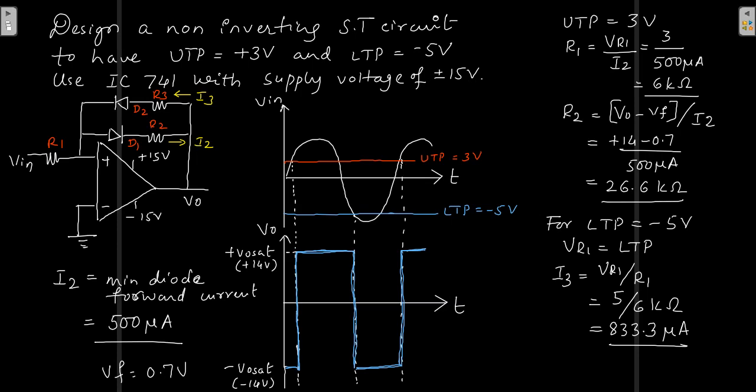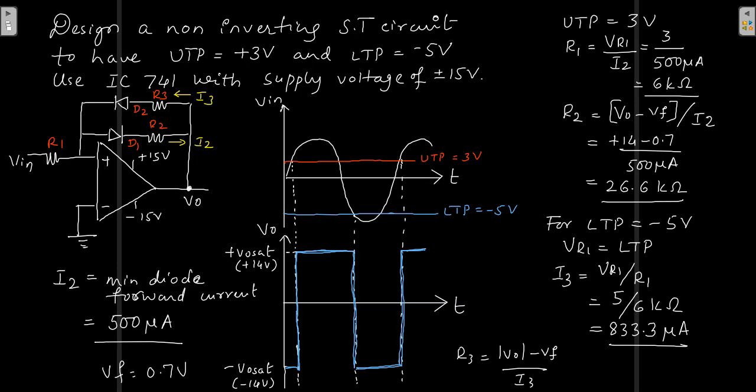So now from this you can easily calculate the value of R3. Look at the diagram. R3 is nothing but V naught minus VF, the voltage drop across the diode, divided by I3, right? So you can write R3 equal to V naught minus VF divided by I3.